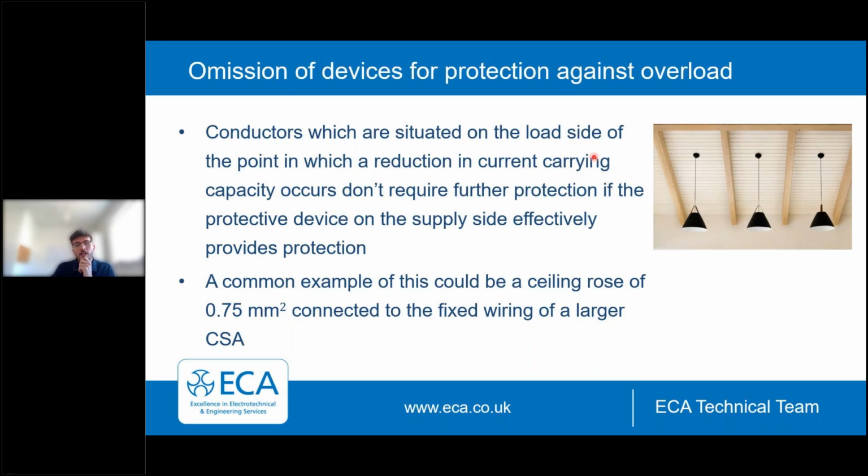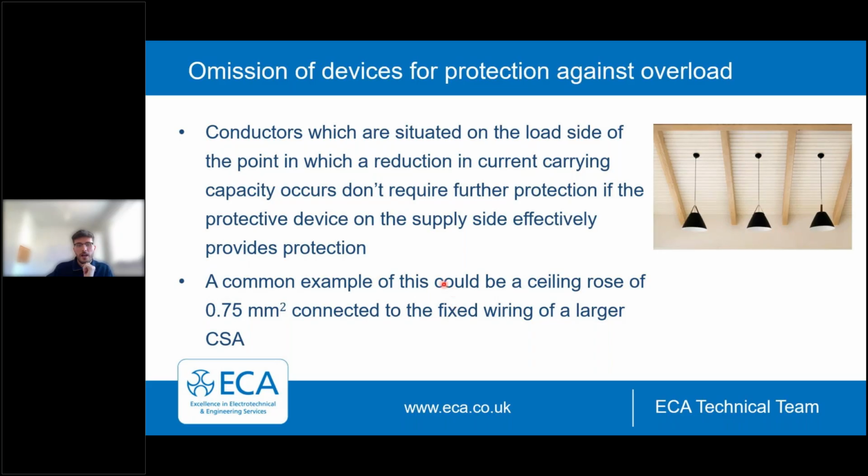Conductors which are situated on the load side of the point in which a reduction in current carrying capacity occurs don't require further protection if the device on the supply side effectively provides protection. So taking, for example, a lighting circuit, which may be protected by a 6-amp circuit breaker. It may then be wired in 1.5mm squared singles in a conduit, for example.